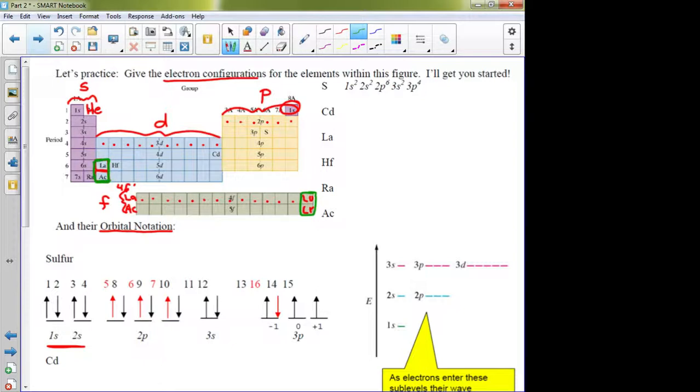So LU starts my 5D1 and LR starts my 6D1. So don't let that confuse you. And I'll try to let it not confuse you when we start going over this.